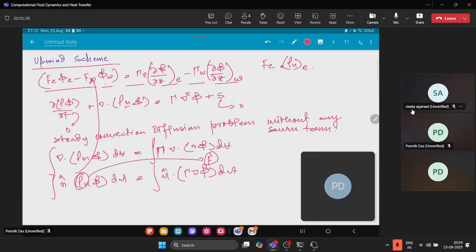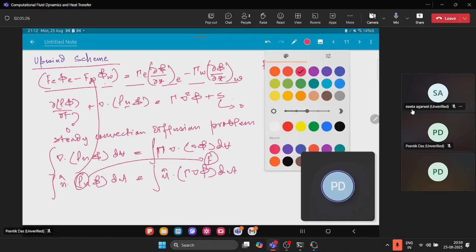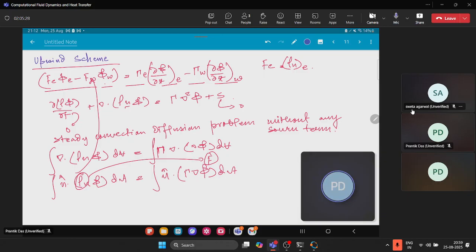Yes, sir. Okay. So now what you have to do is use an upwind scheme. In case of the upwind scheme, the right hand side is basically your central difference formula, and the left hand side is your upwind scheme.